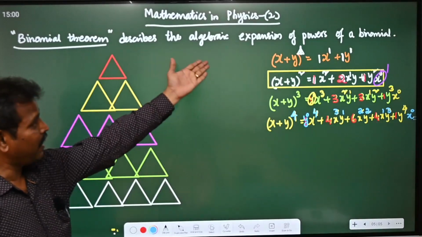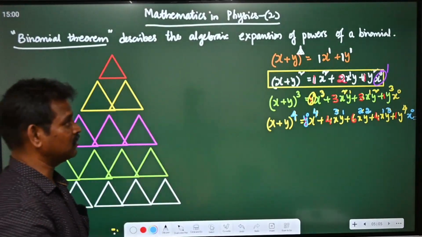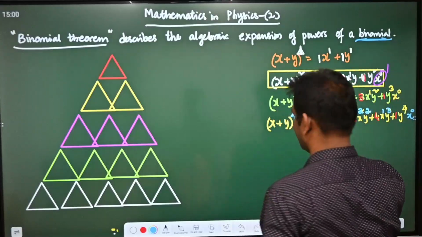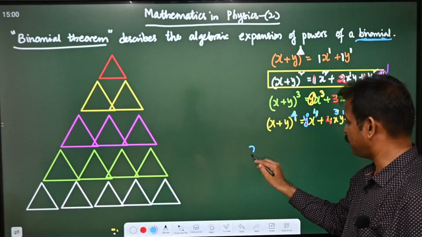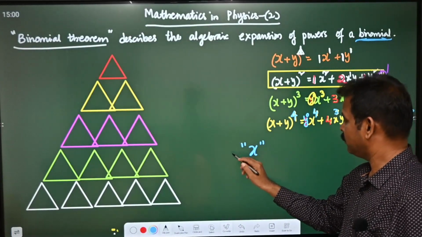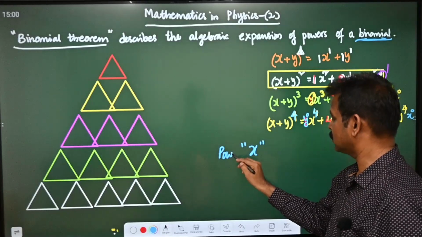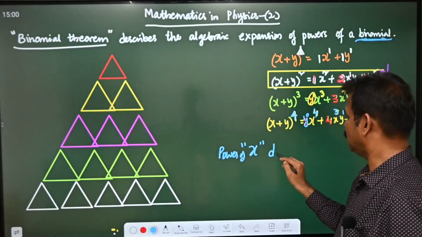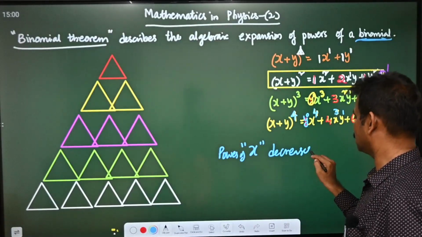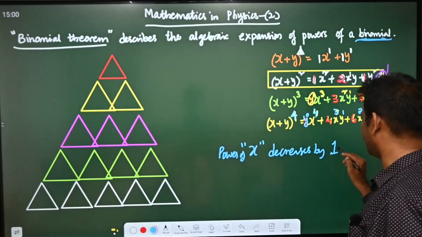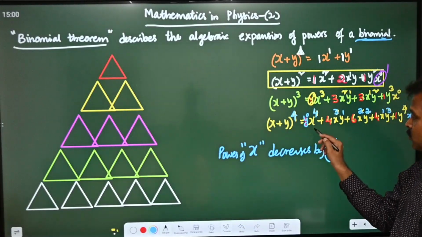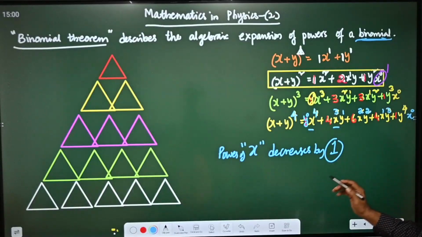So while expanding these binomials, please remember the power of x decreases by 1 from each term to the next term.